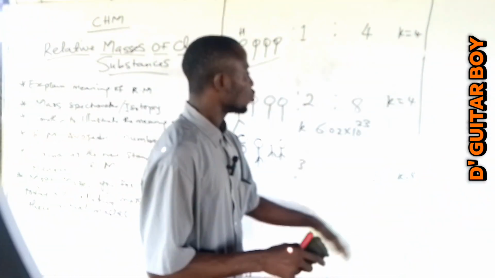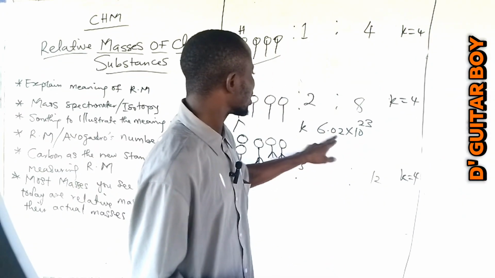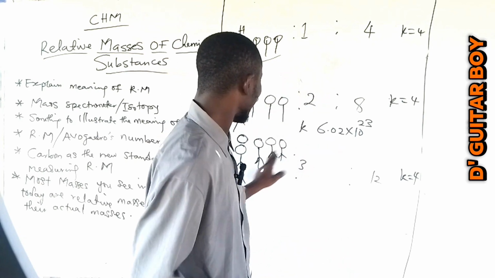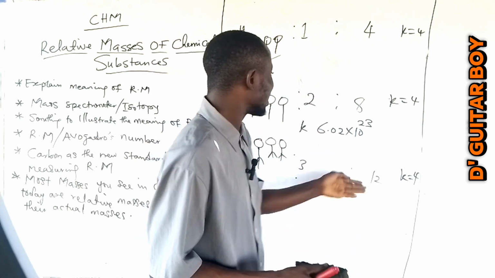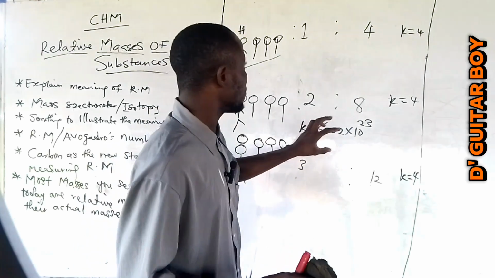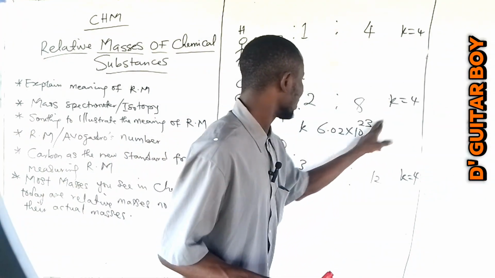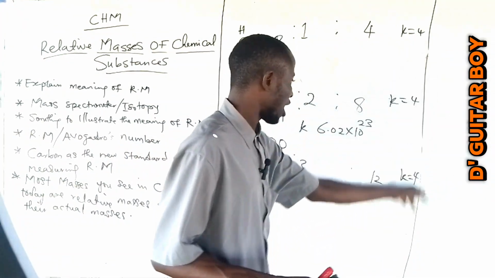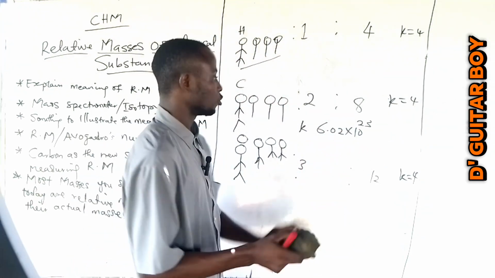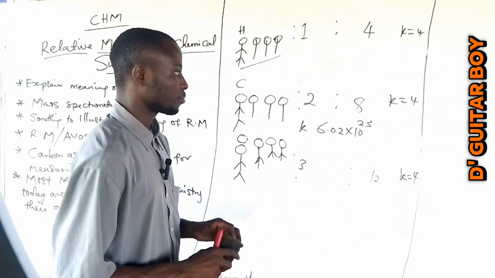So this is Avogadro's number. This number and this number are functioning the same way here. I used this one to explain just as an example, but in chemistry, this number represents this 4 that we have here. This is what we call Avogadro's number today in chemistry.